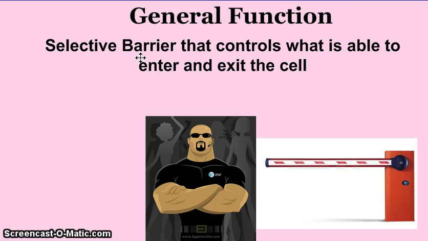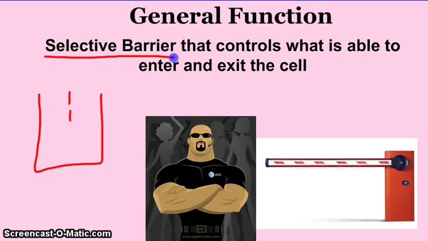When we talked about diffusion and osmosis, we often drew a diagram, or you saw a diagram, that had a barrier in it with small openings, allowing some particles to pass through and other larger particles to not pass through. So the cell membrane acts as a barrier that is able to control what enters and exits the cell.